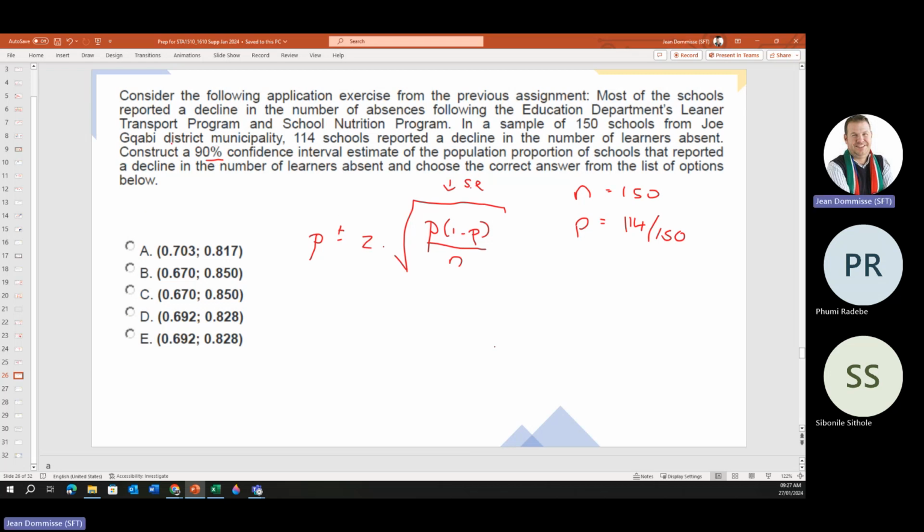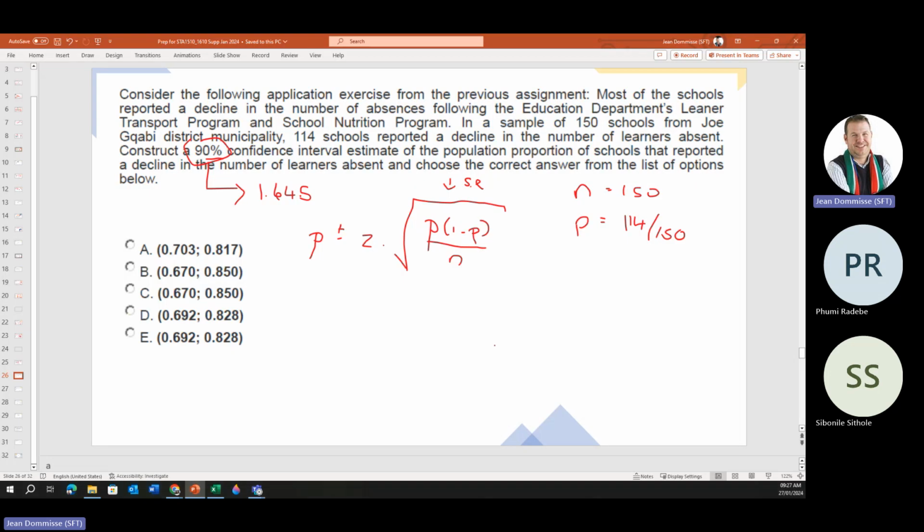Construct a 90% confidence interval. If you go to your Z, it is 1,645. So again, there is a Z table or the table that is in your study guide that tells us 90, 95, and 99%. And you can just use that information for that.